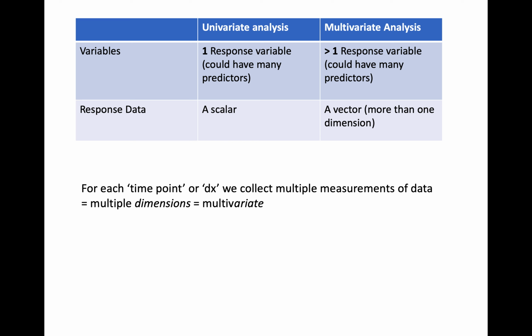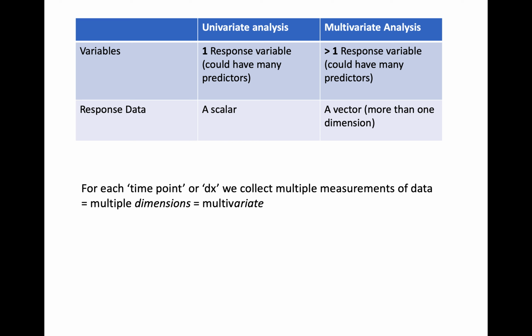And in multivariate analysis, which is a bit more realistic, I'm measuring more than one response variable at a time. I still could have many predictors, but I'm measuring more than one thing. So if at a certain site I'm measuring daily temperature, the maximum temperature, the minimum temperature, I'm measuring all these things, and I don't want to lose that information.